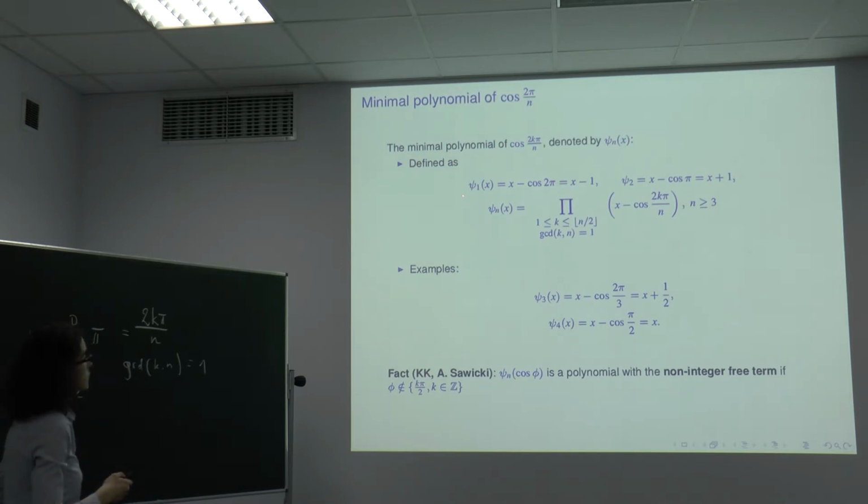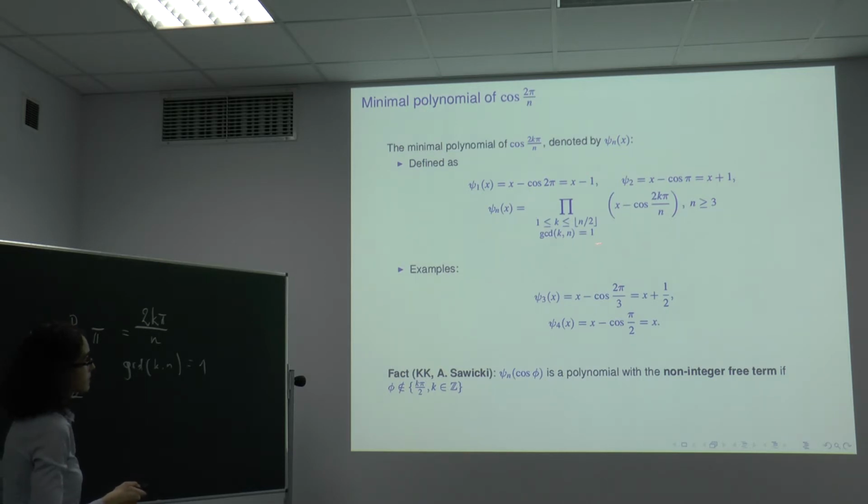For example, for n equal to 1, the polynomial is of this form, and this is a polynomial of the first order. For n equal to 2, we have the cosine of pi, so the polynomial is of this form, and in general, we can write it.